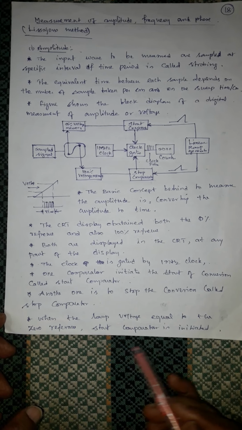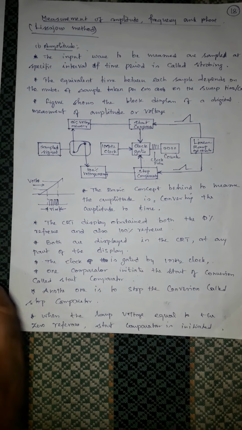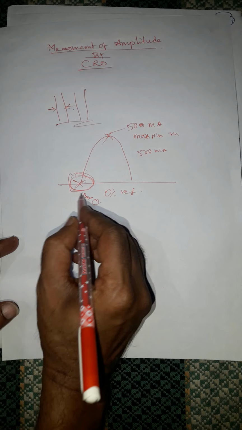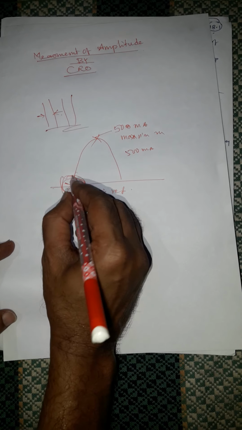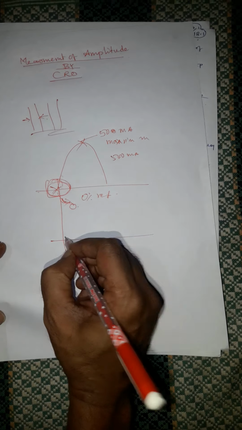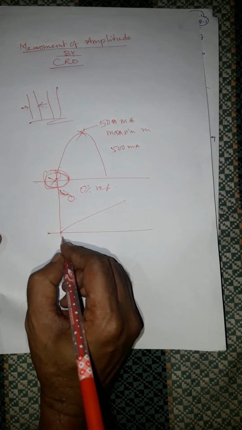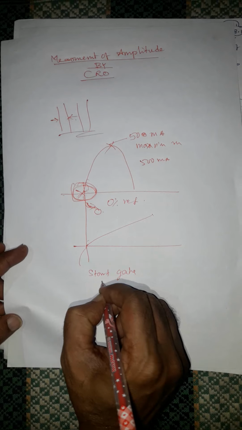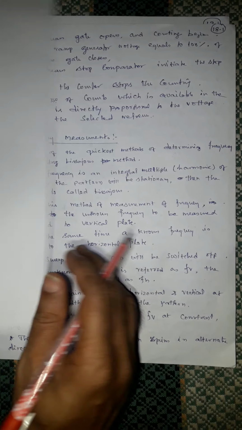When the ramp voltage equals the zero reference, the start comparator is initiated. Let us take this one as the start, that is the 0% voltage. Here we are having a ramp. Both are equal. Then the start gate is initiated.